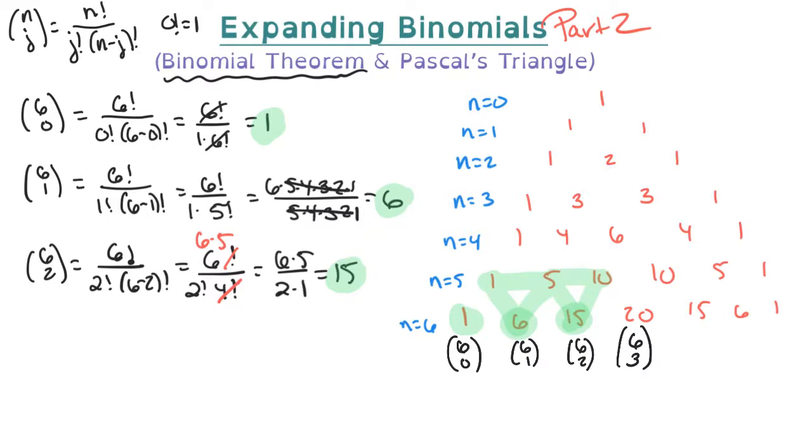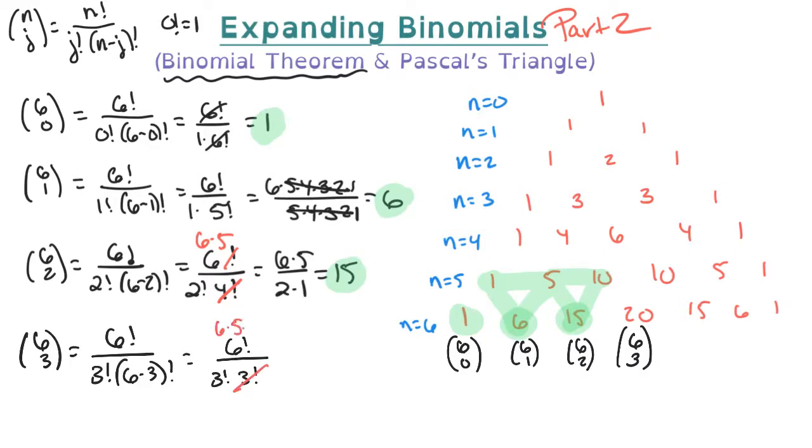Okay, let's test it out, because this will be our last one. 6 choose 3. 6 factorial over 3 factorial times 6 minus 3 factorial. So 6 factorial over 3 factorial times 3 factorial. One of those 3 factorials will cancel away, leaving us 6 times 5 times 4 in the top.